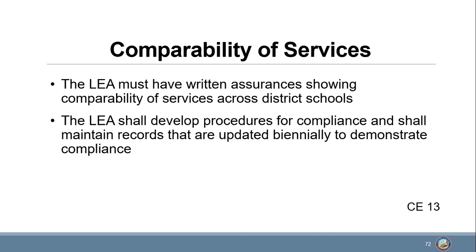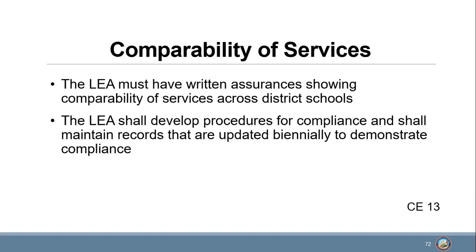So at this point, just ensure that the LEA has written assurance that shows the following, and it's not in the slides, but I'll just mention it to you: that the FTE, the full-time equivalency of teachers for each site, meets the requirement that the law mandates, which is between 85% and 115%.